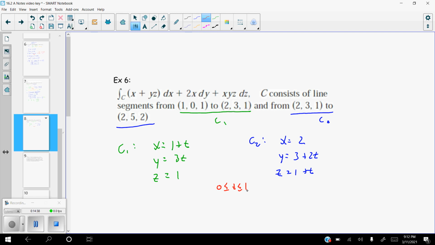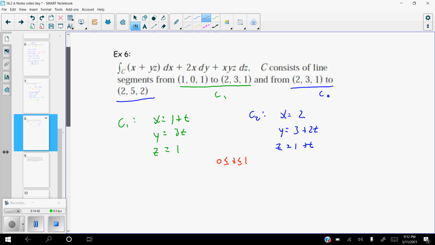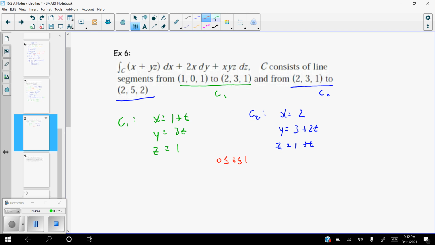All right, let's start plugging stuff in. For C1, we're going to do the line integral from 0 to 1 of x plus yz.